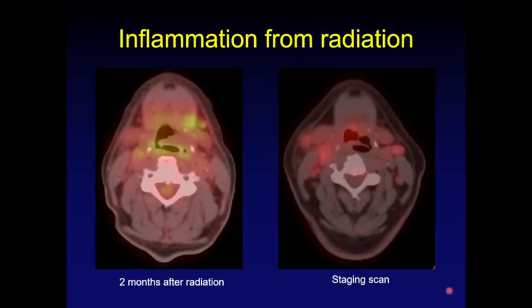But when you go back to the pre-treatment scan, the staging scan in this patient, there's plenty of lymph nodes, and 1B isn't one of them. This is just inflammation induced in an uninvolved lymph node from the radiation itself. That's a benign node. That should be NI-RADS 2 at worst.